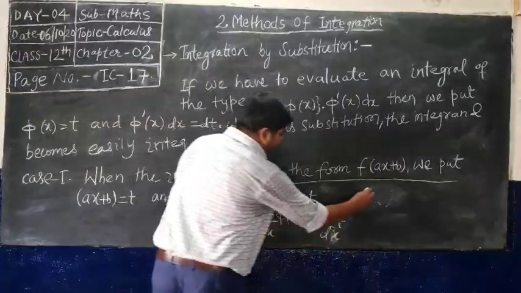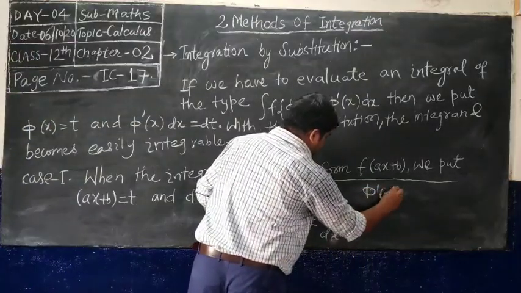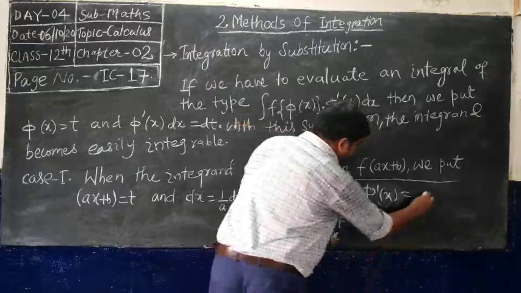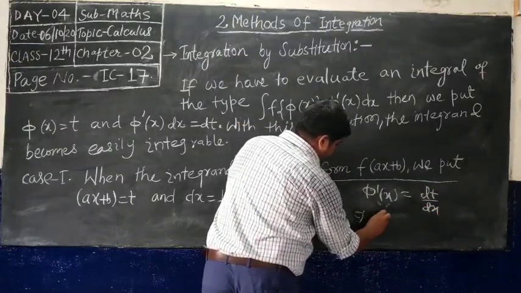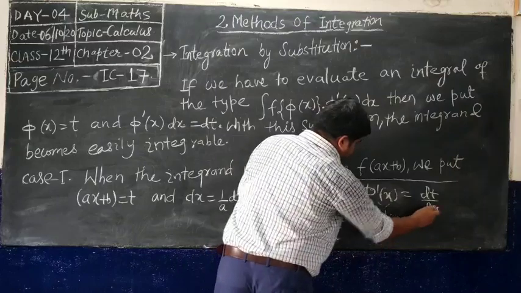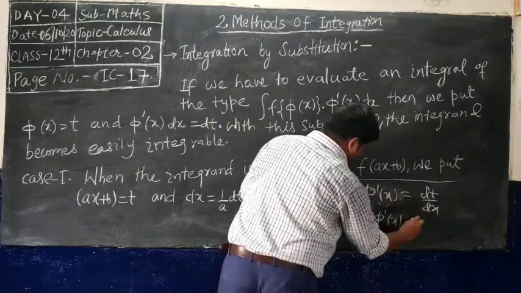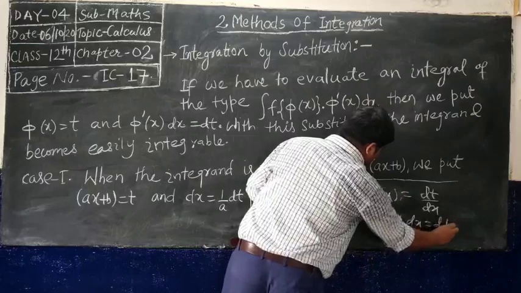Now it becomes phi dash x is equal to dt by dx. That means, by the transfer rule, phi dash x dx is equal to dt.